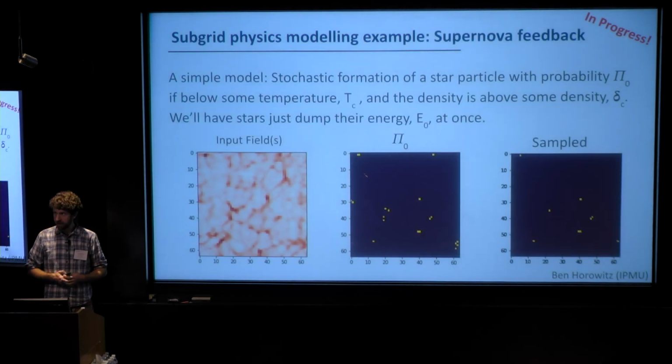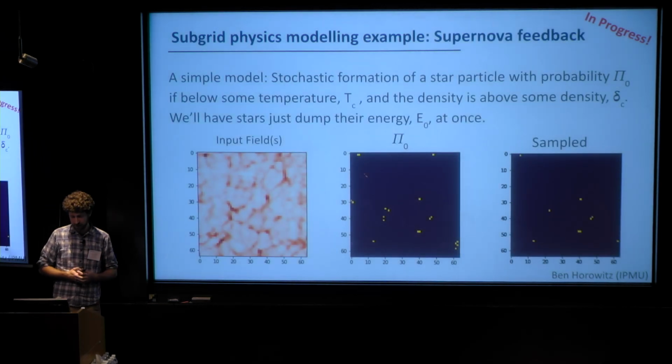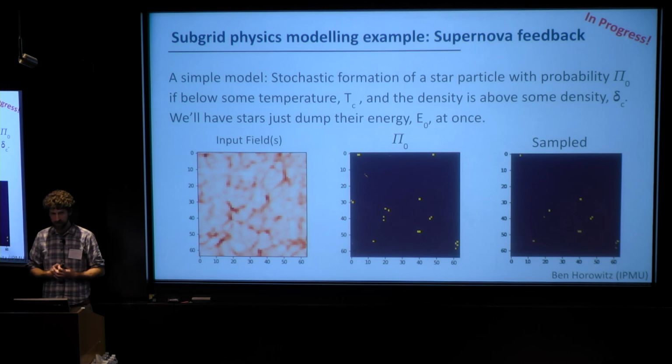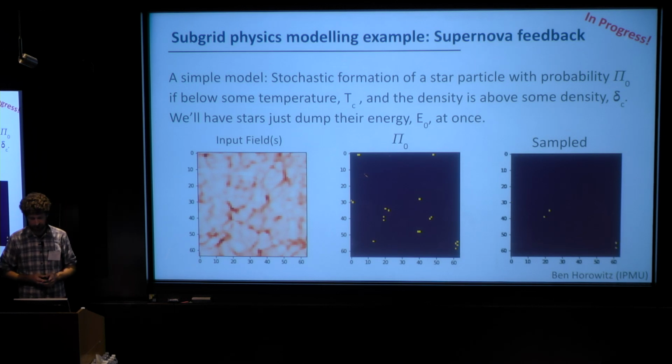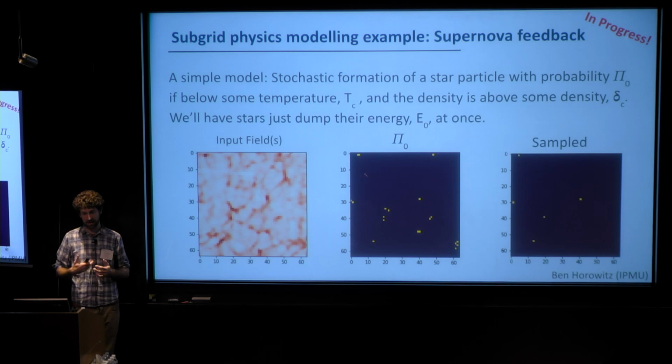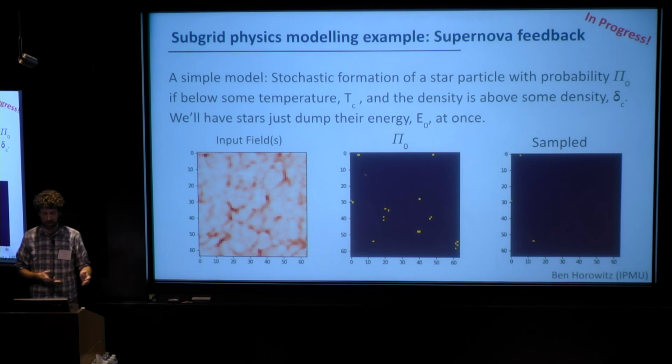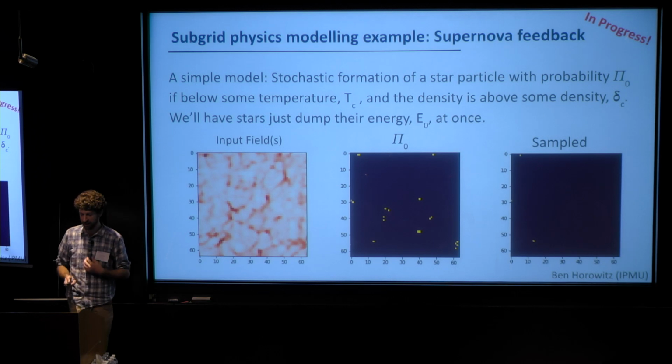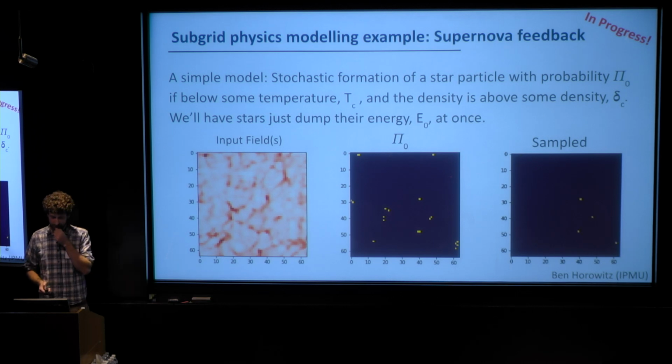So to give a simpler example of subgrid physics, just to show that it is possible, because you might think these stochastic processes are difficult to backpropagate through, but fortunately, this kind of stochastic backpropagation comes up a lot in industry when you're looking at machine learning models, reinforcement learning, self-driving cars. You want to make sure you make a left or a right, not some weird superposition of left and right if you're in a Waymo taxi or something like that.